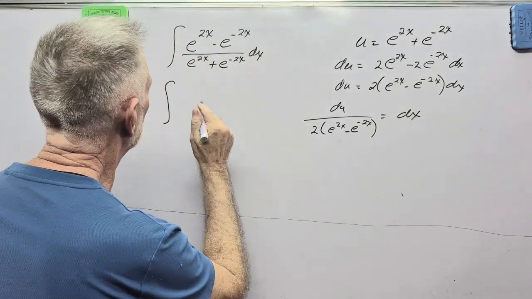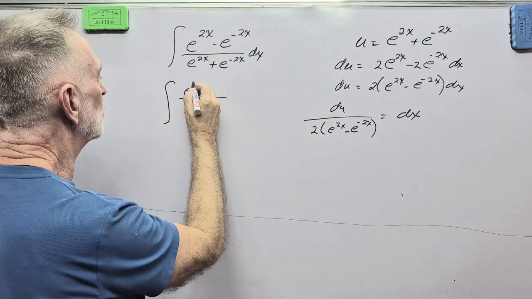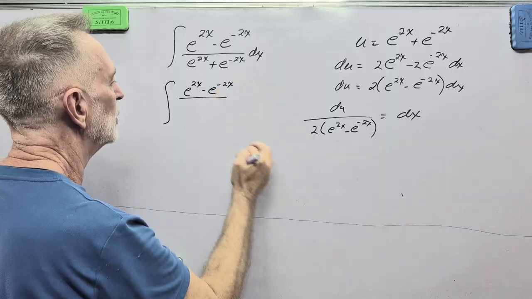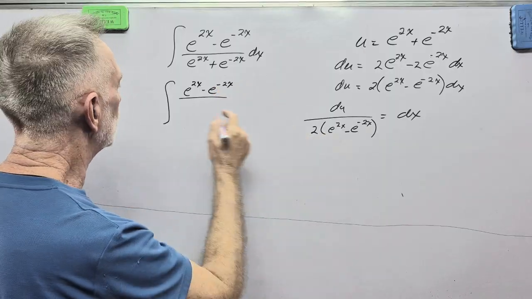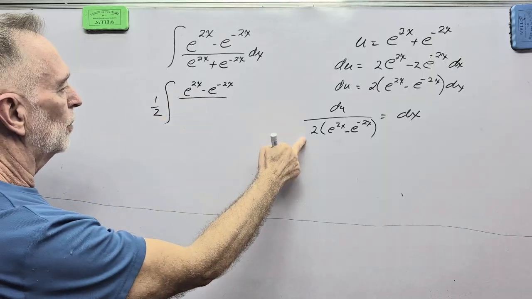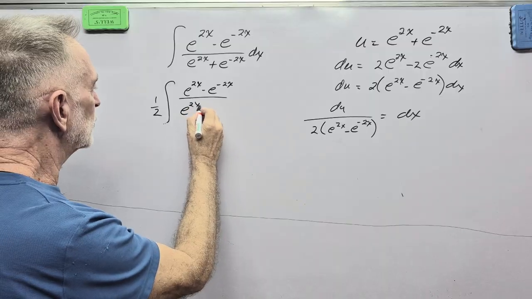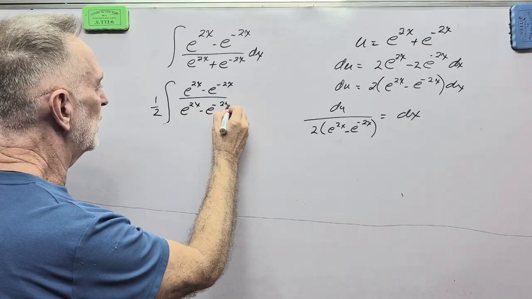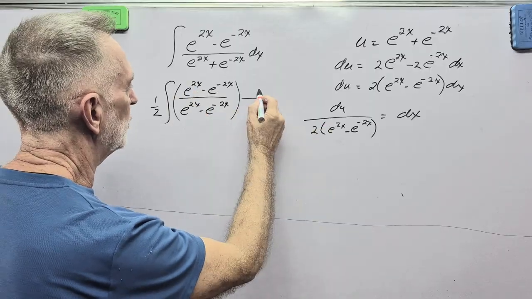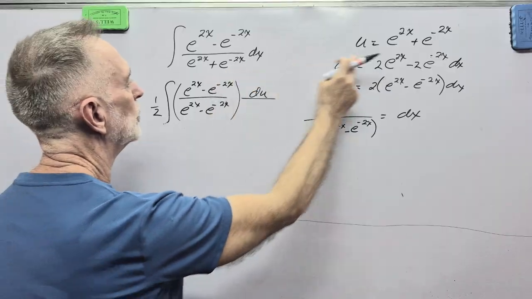All right, so now let's fill in the blanks. We have that numerator still, e to the 2x minus e to the minus 2x over 2. I won't put the 2 out here. That'll be a 1/2. e to the 2x minus e to the minus 2x du over what? This was u.